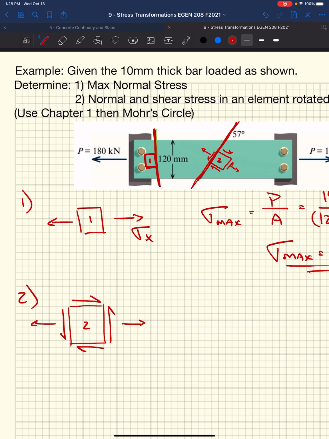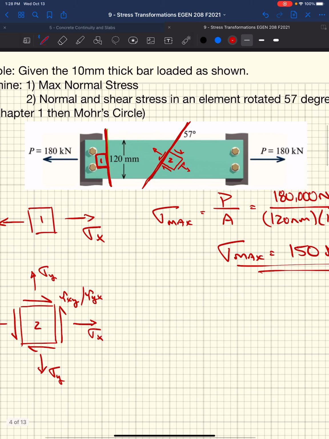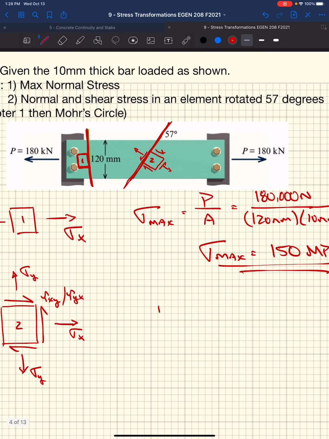We've got tau xy and tau yx, we have sigma x, sigma y. So we're going to have this stress block, and it'll potentially have stresses on all 4 sides. We're going to figure that out based on these 2 equations we had before, that we derived in chapter 1.